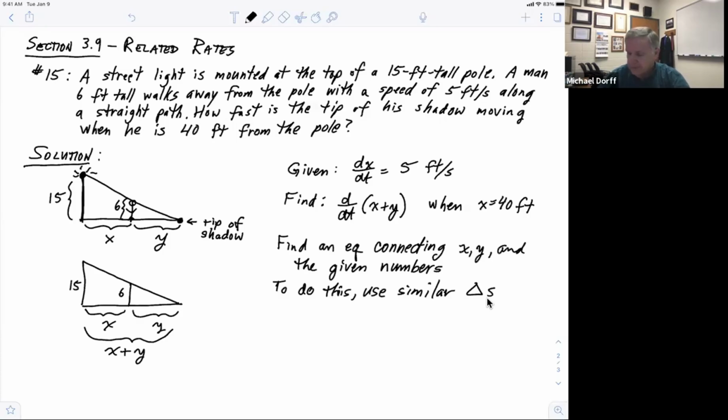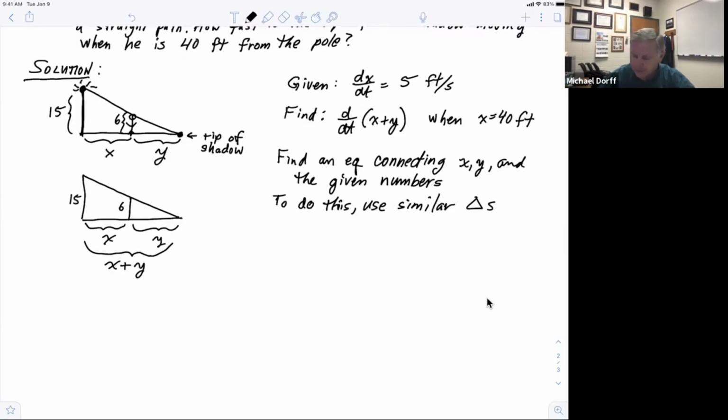Now, it may be a while since you reviewed similar triangles, so let me show you what I mean by those. Similar triangles are triangles that look like the same shape, but one's bigger than the other. So in this case, a big triangle has a height of 15 and a base of x plus y. Inside it, to the right, is a smaller triangle that has a height of 6 and a base of y.